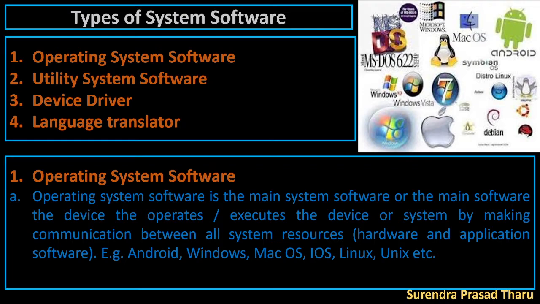Examples of operating systems are Android, Windows, Mac OS, Apple iOS, Linux, Unix. Some open source operating systems are Linux, Debian, and Ubuntu.